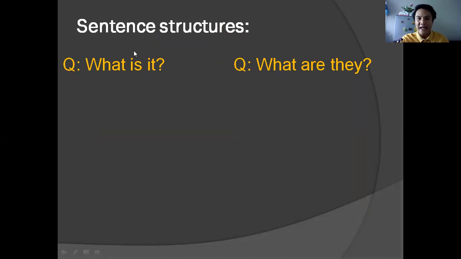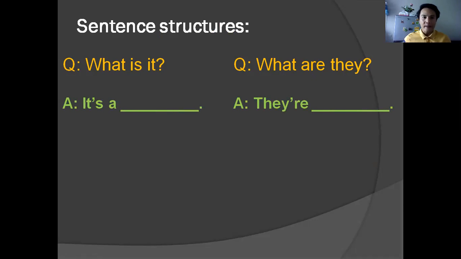Just remember, is is used for one, for singular. And are is used for two or more things. So what is it, or what are they? Your answer for what is it will be, it's a blank.